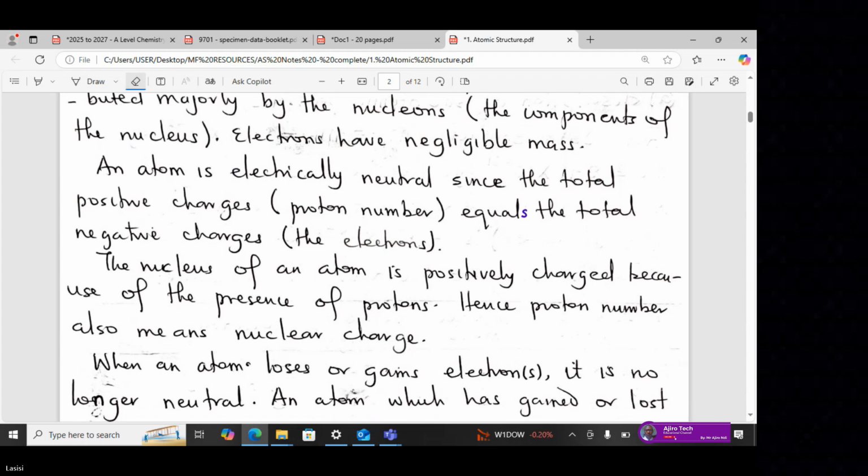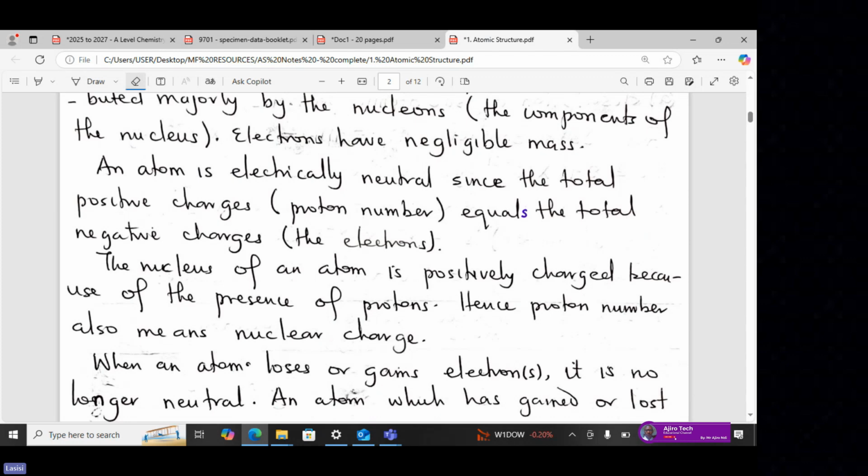Hence, proton number also means nuclear charge. Do you understand what that means? When we say nuclear charge, the charge on the nucleus is due to the presence of what? The proton. When we say nuclear charge, we mean proton number.